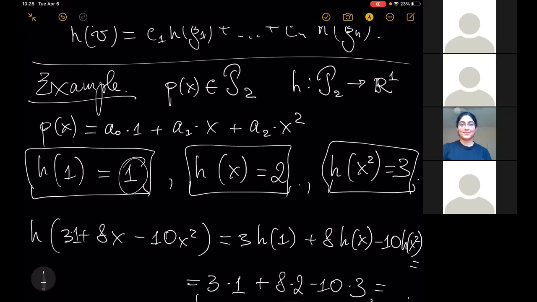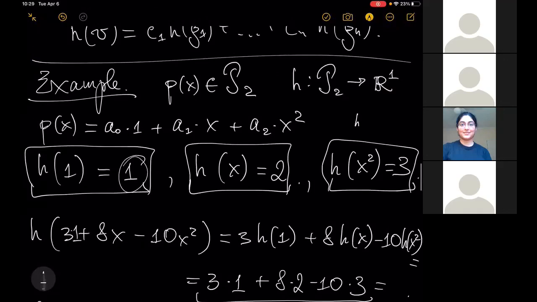Yes, really, I used the fact that I wanted the map to be a0 plus a1 plus a2. But then I understood that it's too easy. So I said, okay, let us forget about it. And then I'm just giving you how the vectors of the natural basis will be mapped, and then it's enough to define the homomorphism.